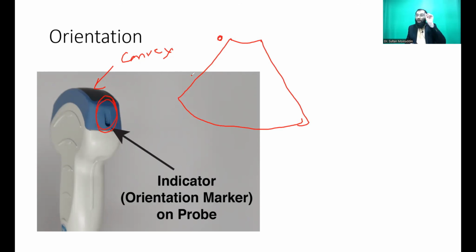There is a knob on your ultrasound keyboard where you can change this marker from this side to this side. Depending upon what orientation you want, you can change this marker. Usually we keep this marker on the right side.